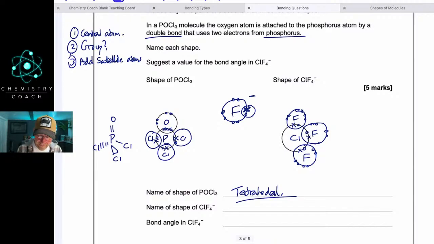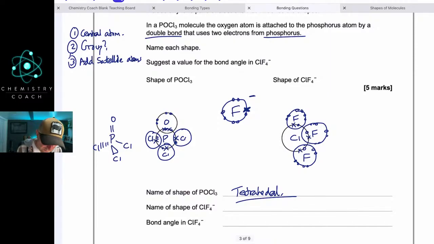Now, I know that because anything that's got a charge, in terms of the shape of a molecule, that charge comes with one of the satellite atoms going around it. In this case, it's an F-.